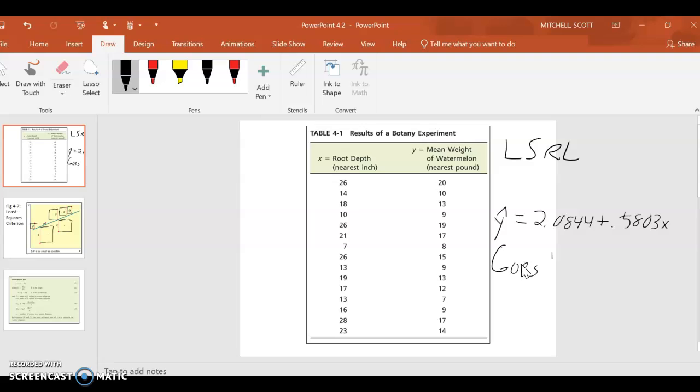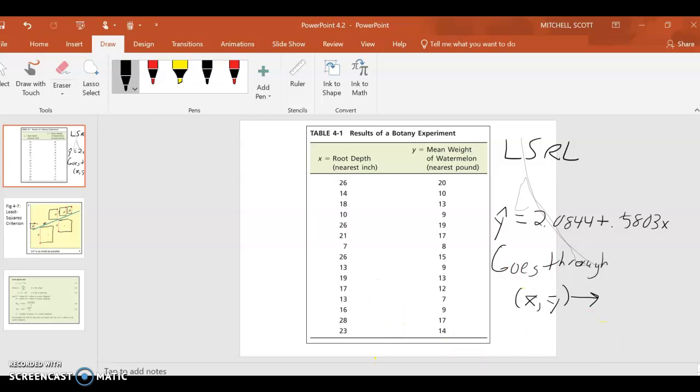It goes through the point x bar, comma, y bar. So that is usually a point on our graph that we want to locate and put on our graph.